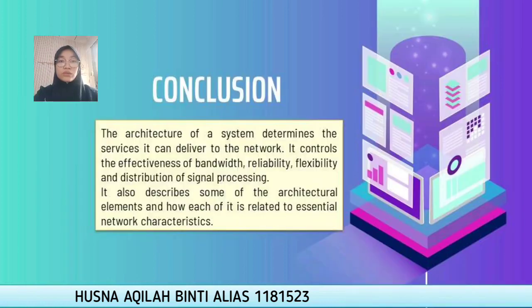Next, we go to the conclusion. The architecture of a system determines the services it can deliver to the network. It controls the effectiveness of bandwidth, reliability, flexibility, and distribution of signal processing. It also describes some of the architectural elements and how each of them is related to essential network characteristics.